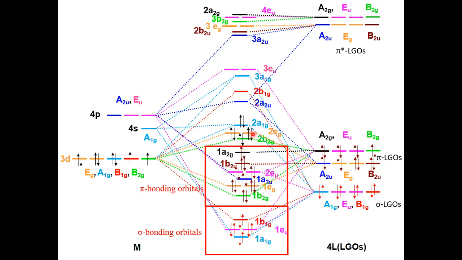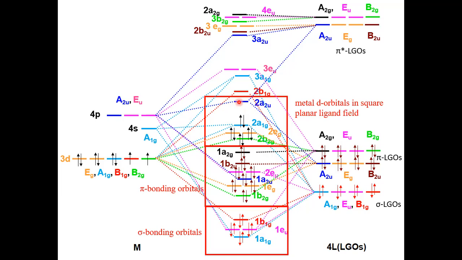Okay, so now we can again say that these orbitals here are the metal d orbitals in the square planar crystal field, and they split up in energy according to the square planar ligand field.